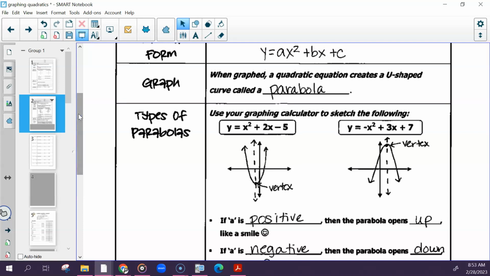And I'll start to scroll down here in a moment. Did I say parabola? Parabola.